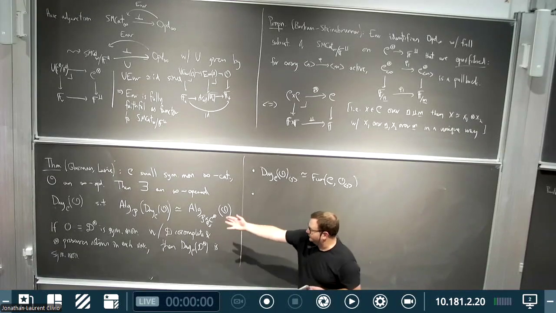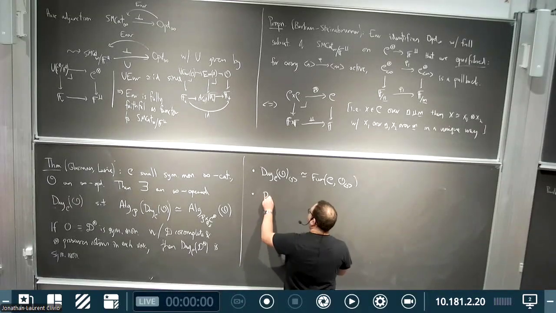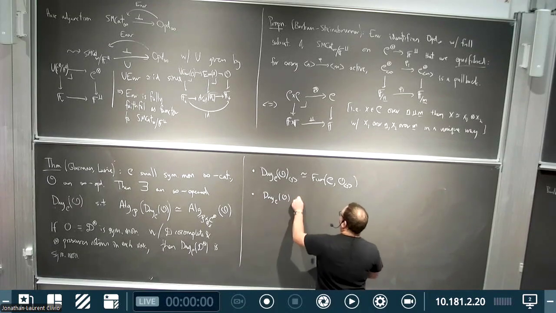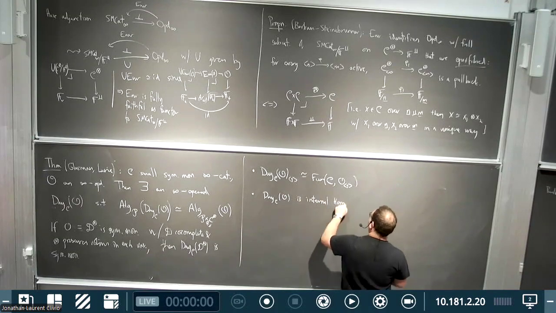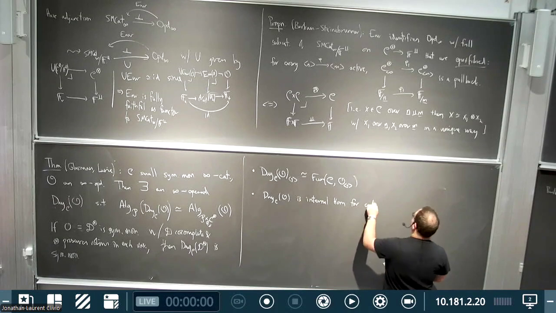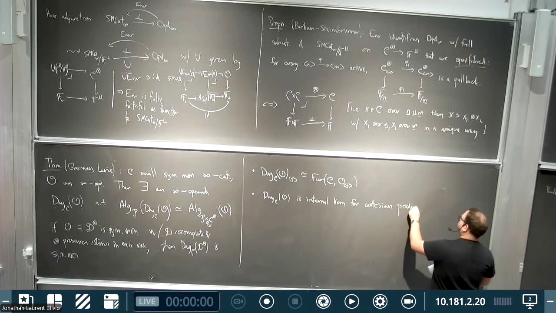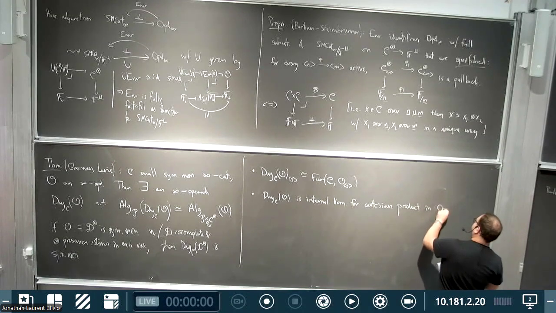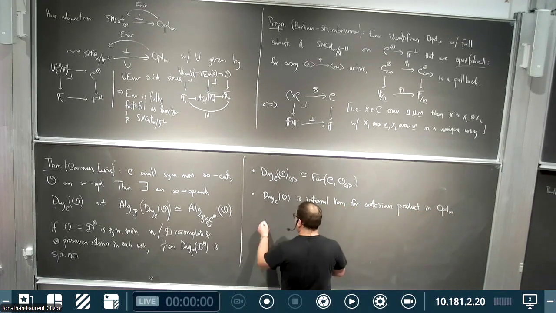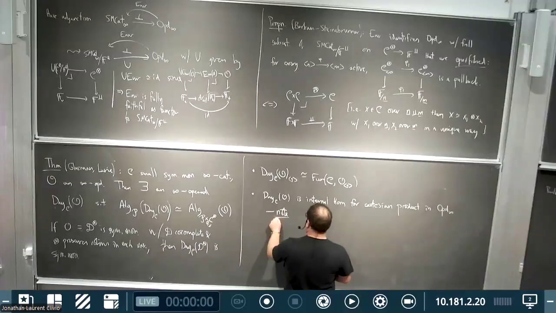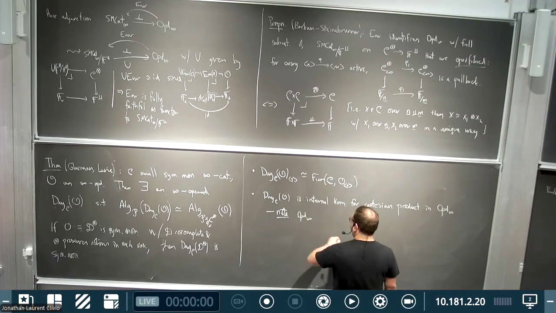If you restrict to infinity groupoids, what this is saying is that Day(C, O) is an internal hom for the Cartesian product. Note that this does not always exist. Infinity categories are not Cartesian closed, not in complete generality.